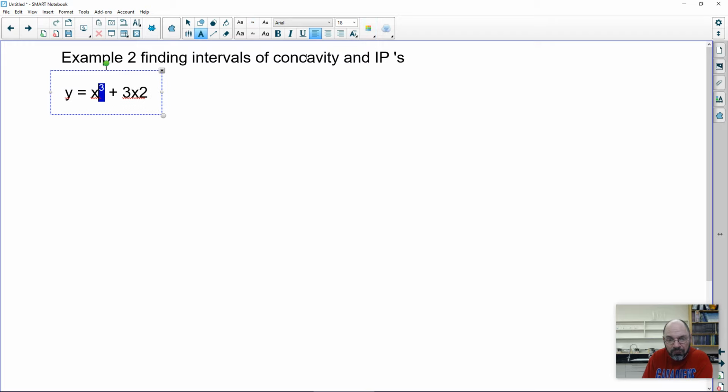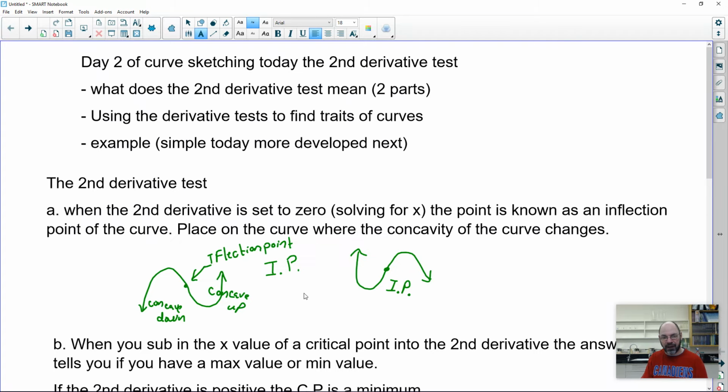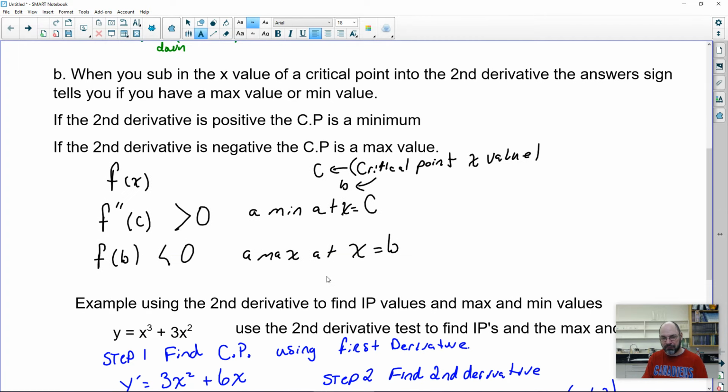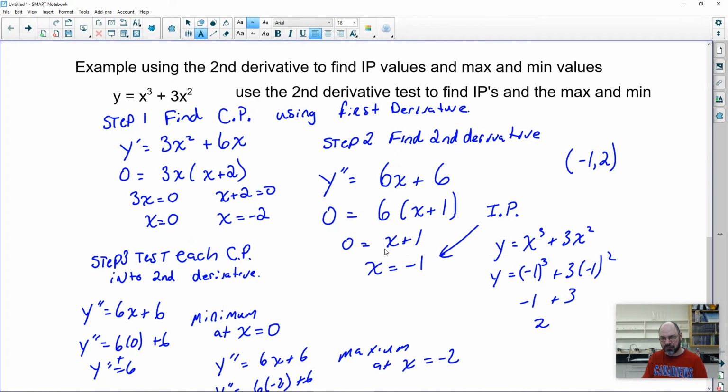We'll do more complex stuff tomorrow. We'll actually do a whole curve sketch, like use the first and second derivative tests and find all the traits that we need to do, and then sketch a curve as well. So I have the same thing I had over here, and I already know what the IP is because we figured it out.